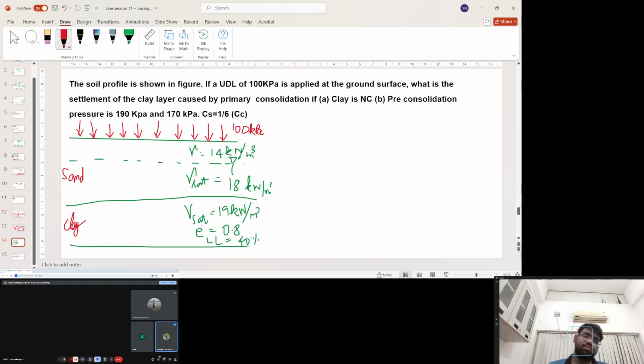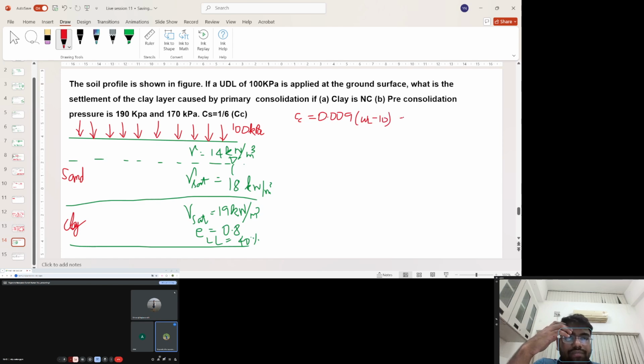Now we can make an assumption that this increment of load is common, because this is a surcharge load, right? First, the clay is NC, so we need to find Cc of clay. So how will we calculate? Since it is a natural deposit, we use Terzaghi's relation, 0.009 into (WL minus 10).